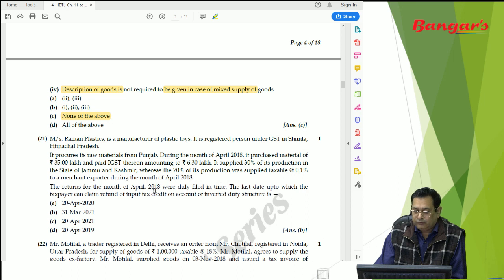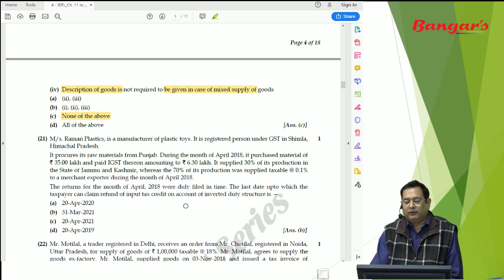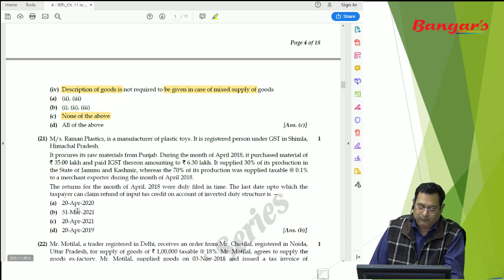The returns for the month of April 18 were duly filed. Now, the last date up to which a taxpayer can claim the refund on account of inverted duty structure is 2 years from the end of the concerned financial year, that will be 31st of March 21.